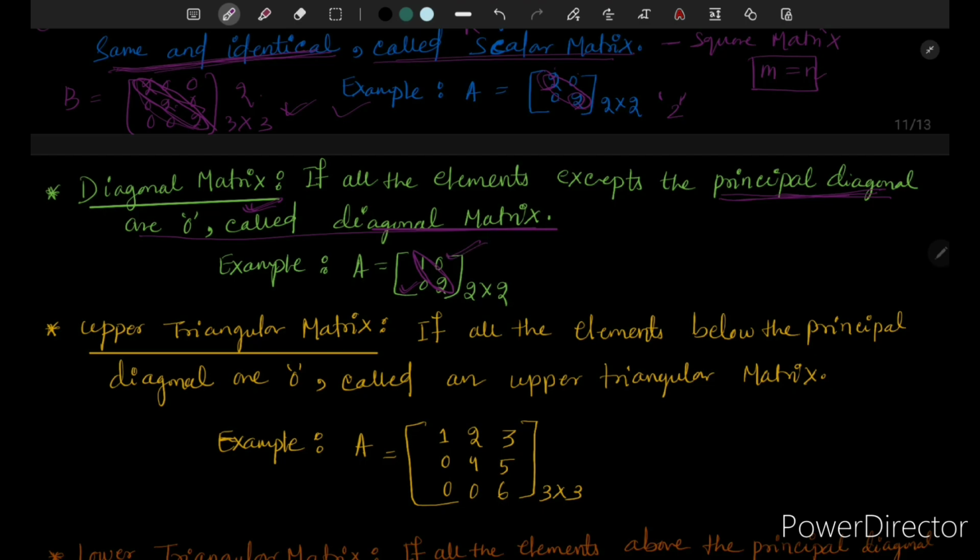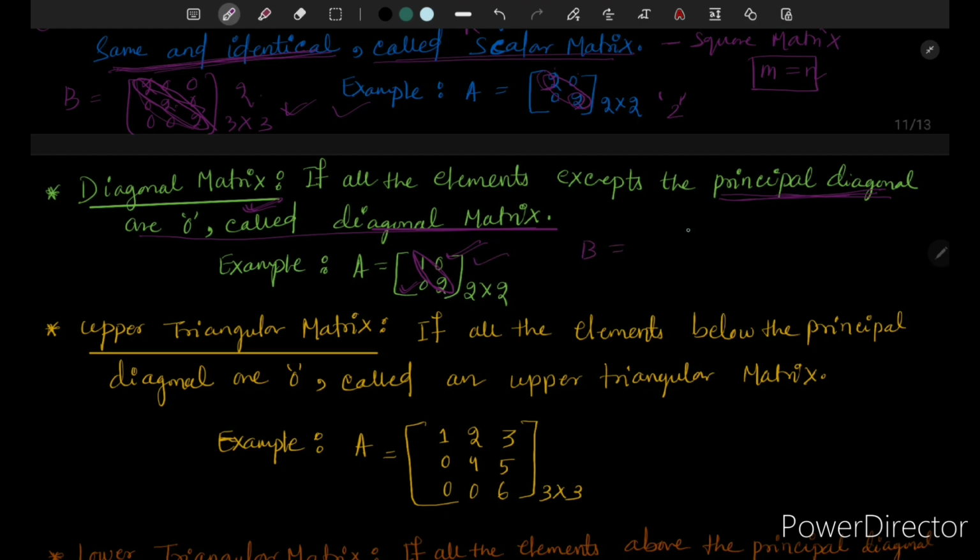In other words, if all the off diagonal elements are 0 except the principal diagonal, it is called a diagonal matrix. So this is a 2 by 2 matrix.